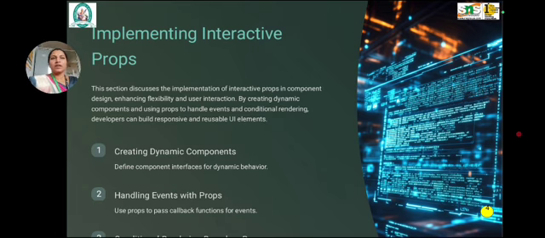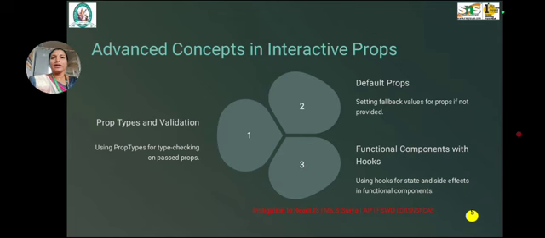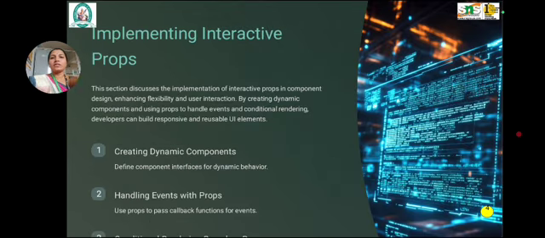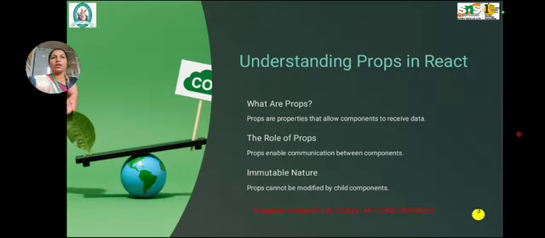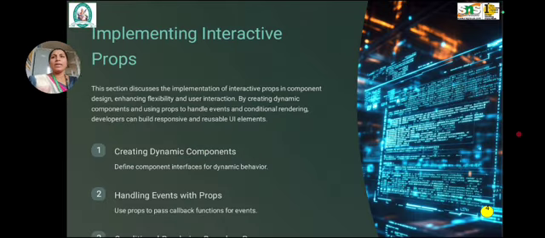And next is understanding the props in React.js. This goes along with the implementations and also the interactive props. In implementation, how we are implementing the interactive props in the components, how the design is enhanced with flexibility and user interaction.